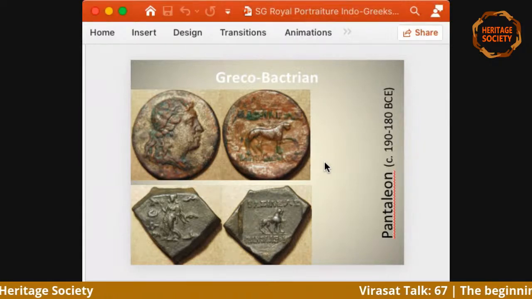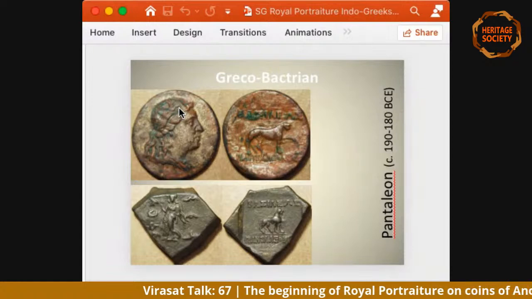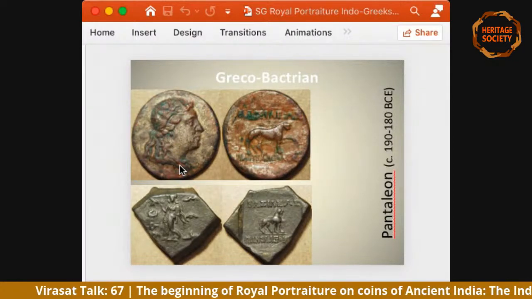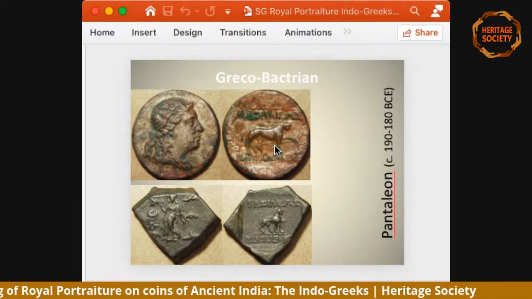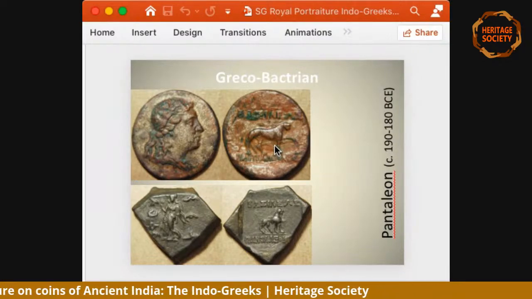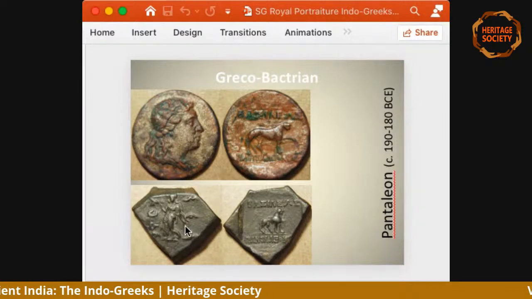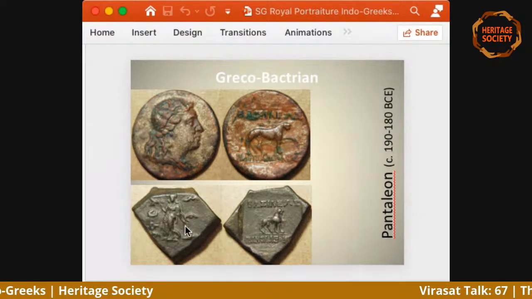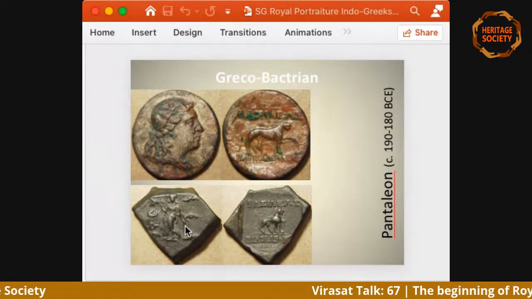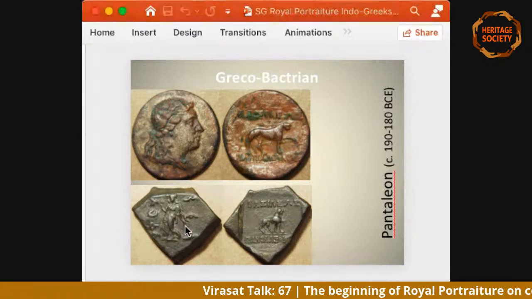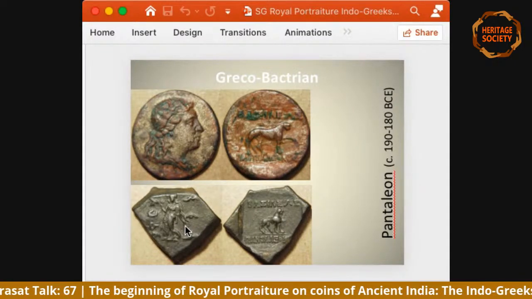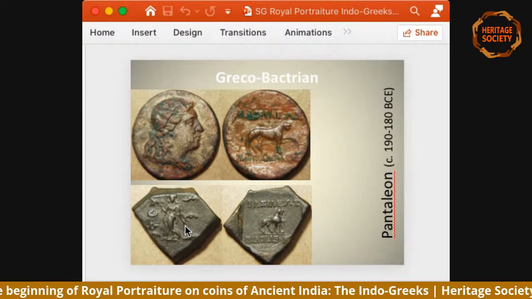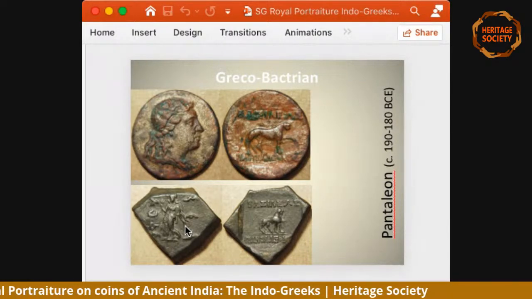started. And here we see there are two coins. On one coin is a portrait of the ruler. On the other side is a moving panther with a Greek legend. On the second one, you see a female figure, a deity, which is identified with some Indian deity. We do not know for sure which deity is depicted.